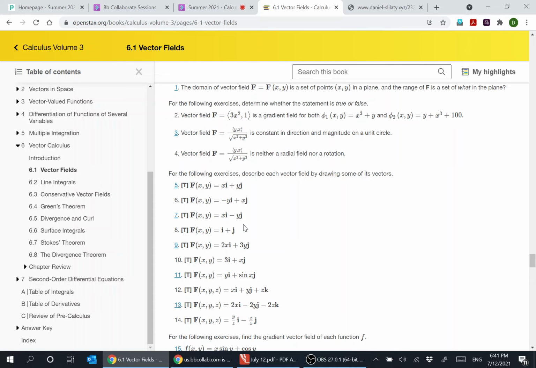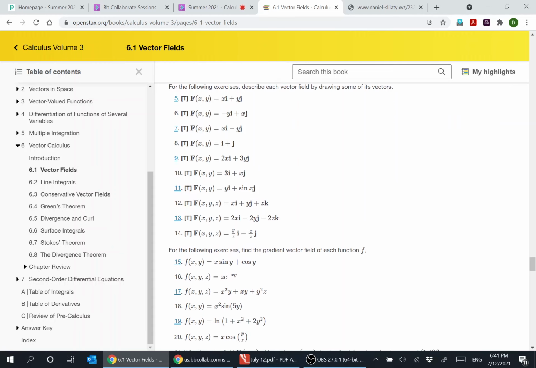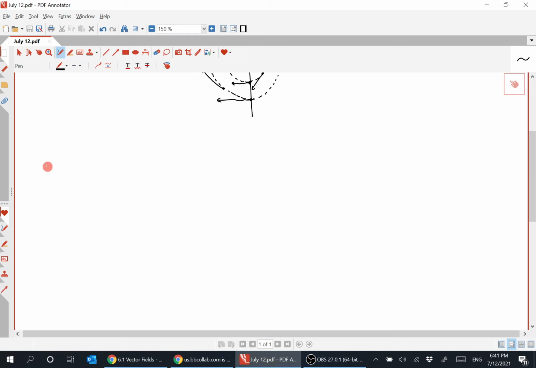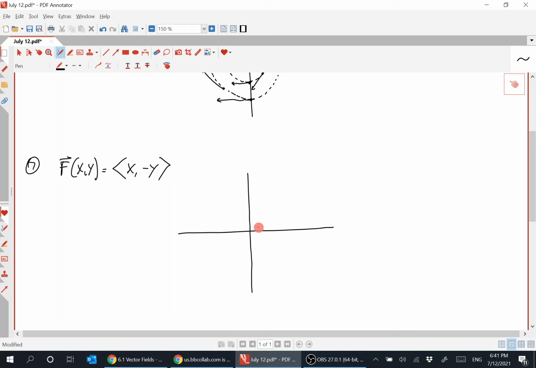Number 7, F(x, y) equals x, minus y. All right, here is the vector.